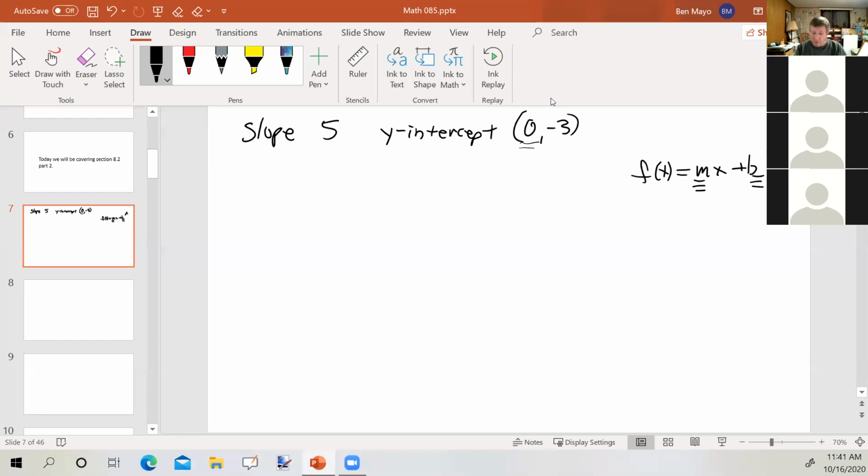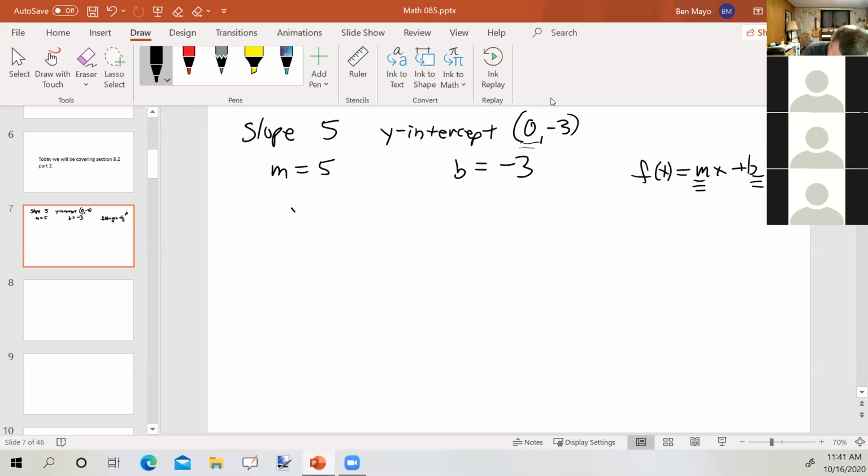Now, for this problem, they give us both pieces of information. The slope is 5, and the y-intercept is -3. Recall we use the letter m to stand for slope and the letter b to stand for the y value of the y-intercept.